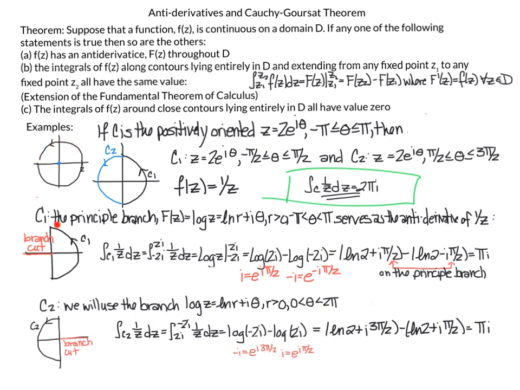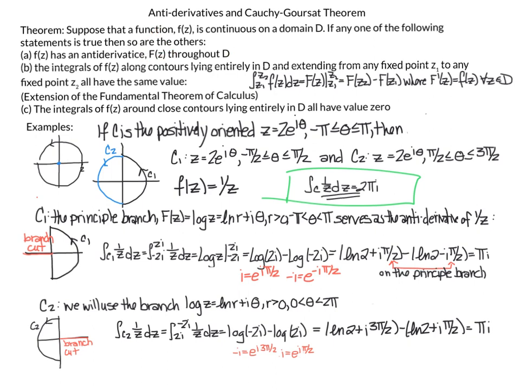If we chose this branch, the circle would be intersected right on the branch cut. And so we didn't have a domain. F of z would be continuous on the domain, but it would not have an antiderivative throughout the domain.